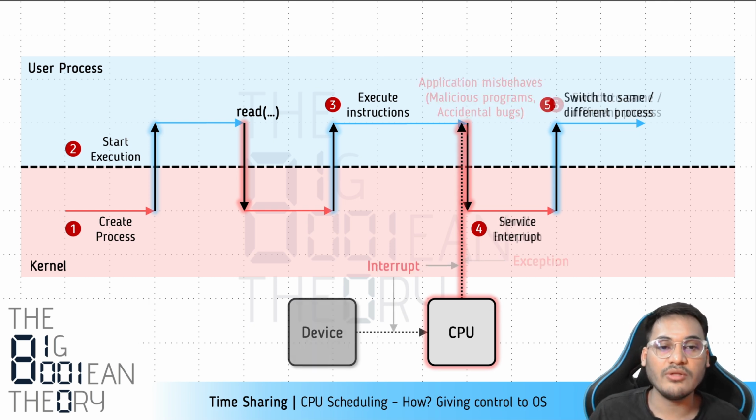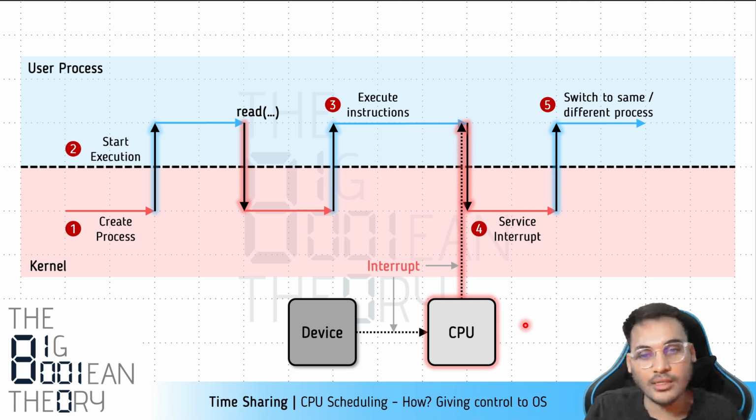And the last example for different kinds of traps is that of interrupts. So what are interrupts? Interrupts are basically raised by IO devices, whenever any of the IO devices needs attention immediately from the operating system, right?